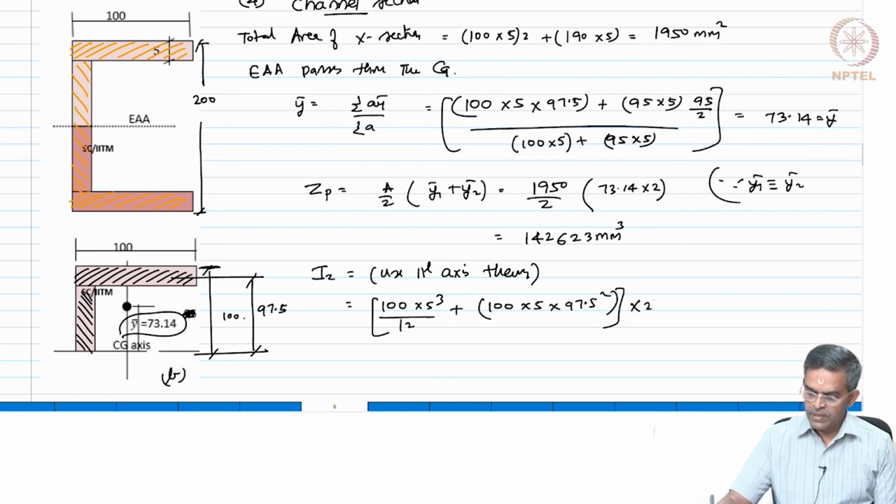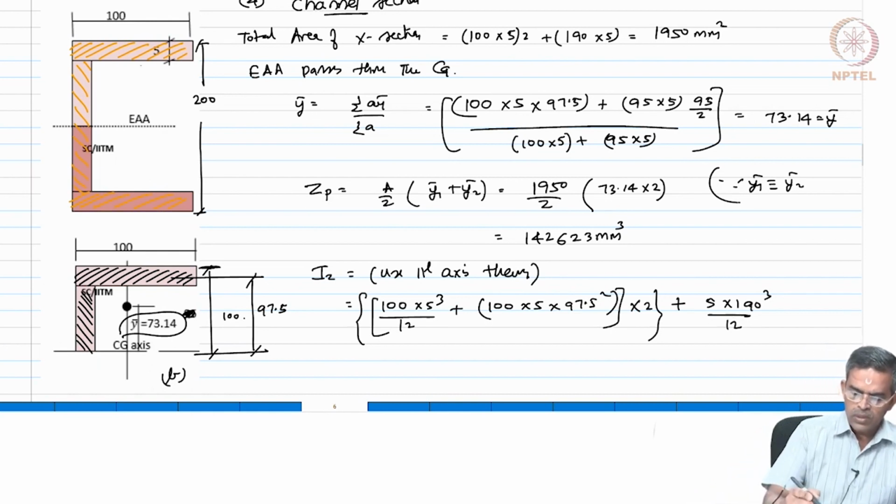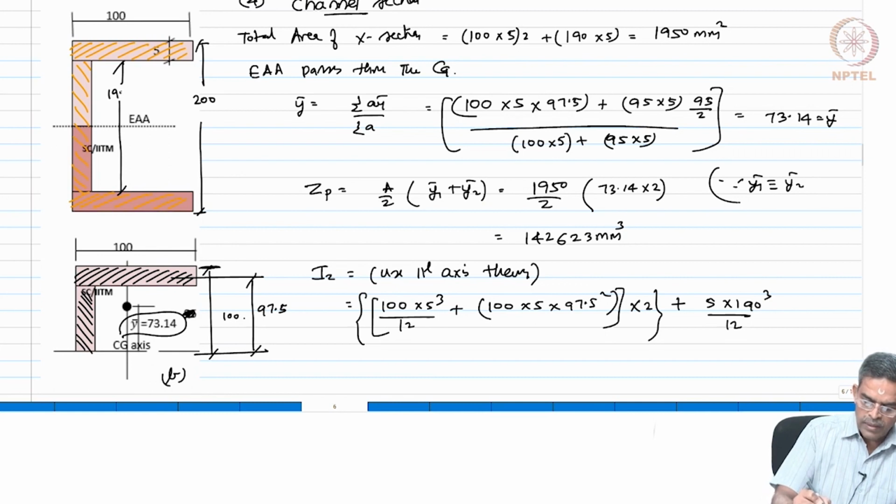I have two such pieces, plus these are for the flanges. Now, for the web it is going to be 5 into 190 cube by 12. If this is 200, this will be 190, am I right? Because the thickness is 5 in both cases.